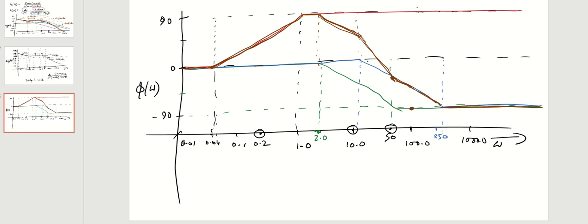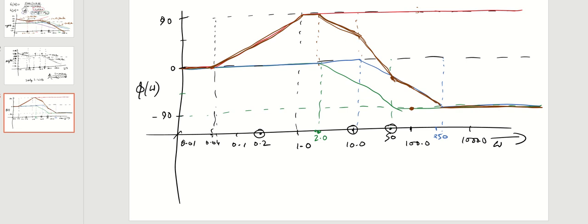Between 2 and 10, no other change happens. So this comes down at the same rate as this slope. It's a subtraction of this.